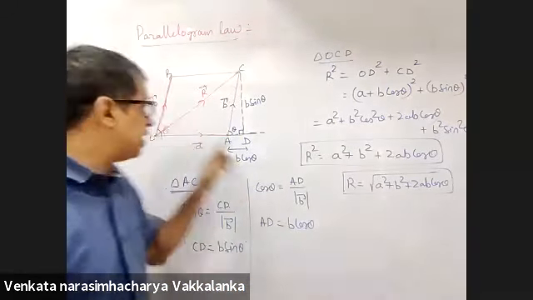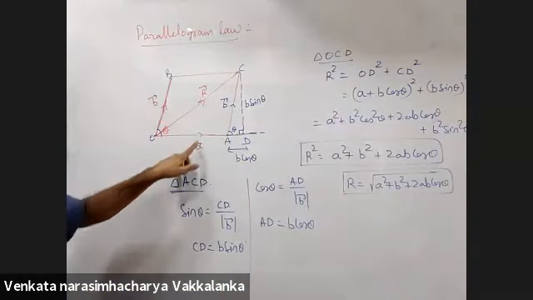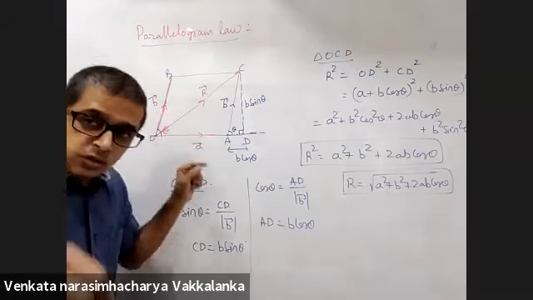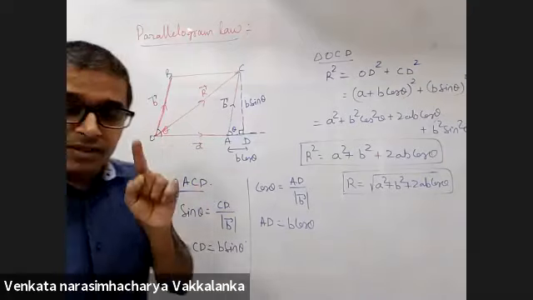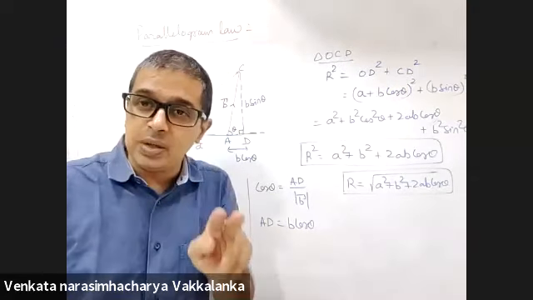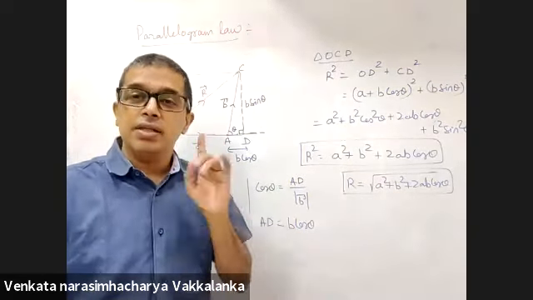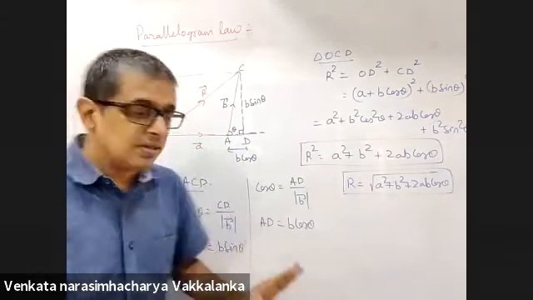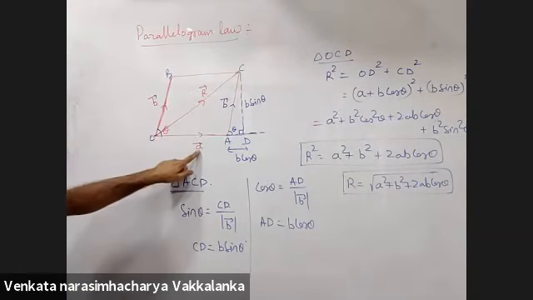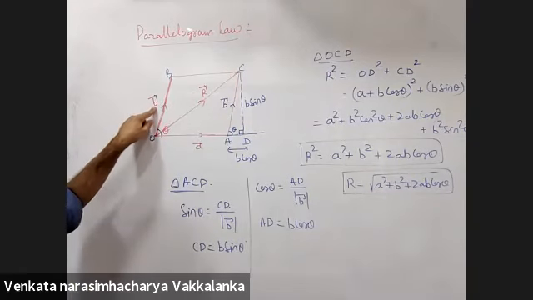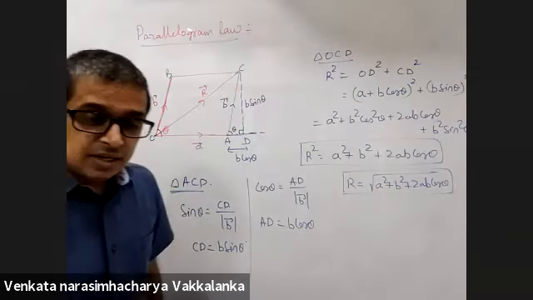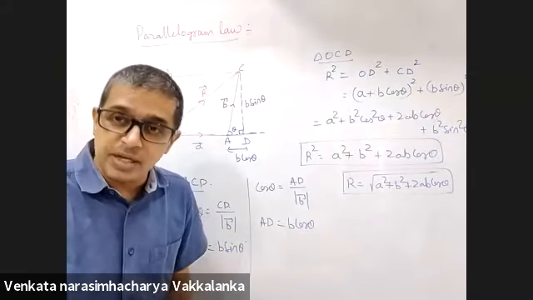Resultant of the two vectors A and B will be root over of A square plus B square plus 2AB cos theta. Theta is the angle between the two vectors.